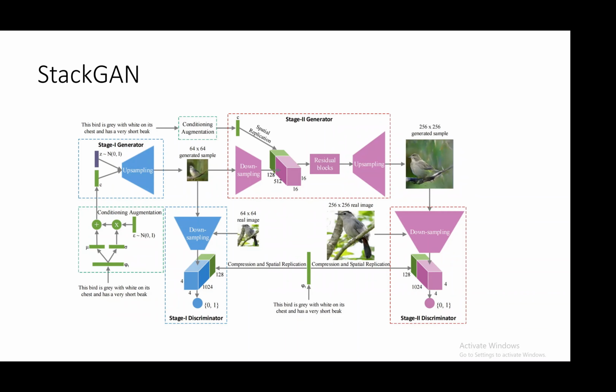In the second stage, it first fuses the feature map of the first generated image and the text description into one vector, and uses that to generate an image. Also, the discriminator measures the discrepancy between the real original image and the second generated image.